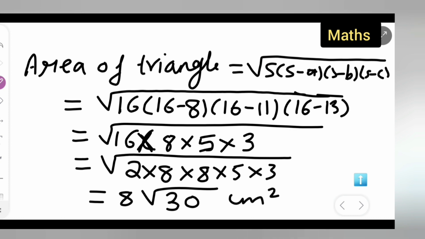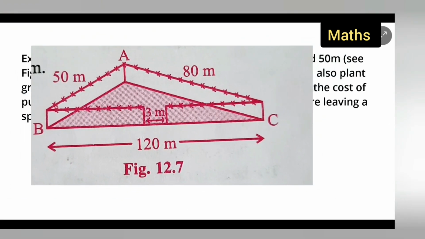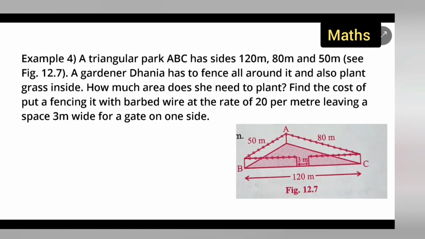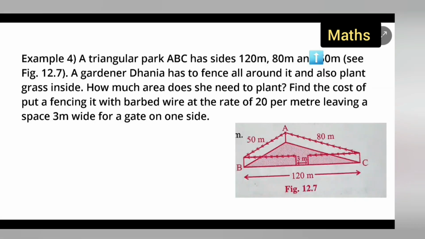Next, moving towards the next example, let us see the next example. So next example is: a triangular park ABC has sides 120 meter, 80 meter and 50 meter. See the figure 12.7.